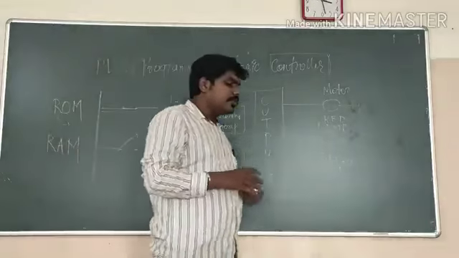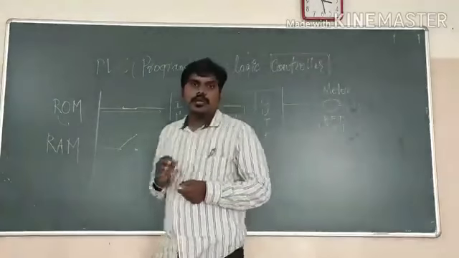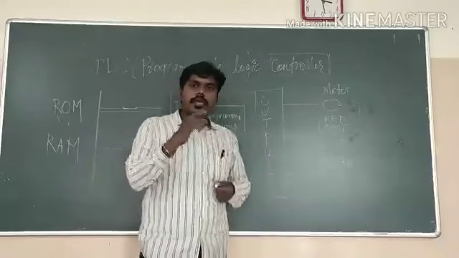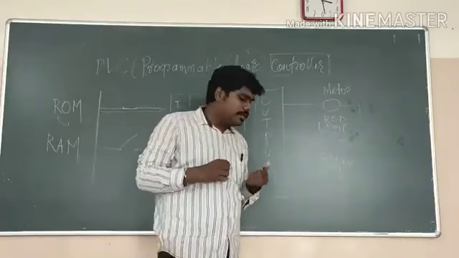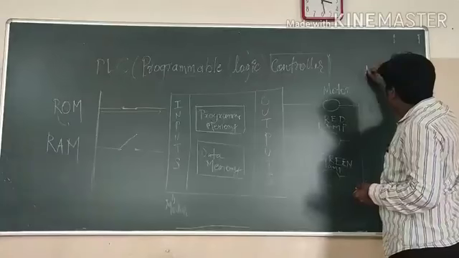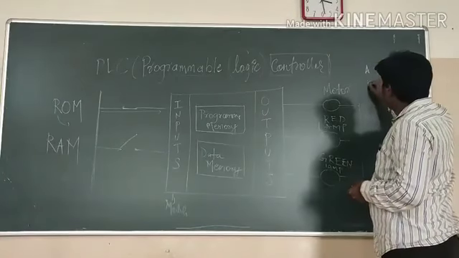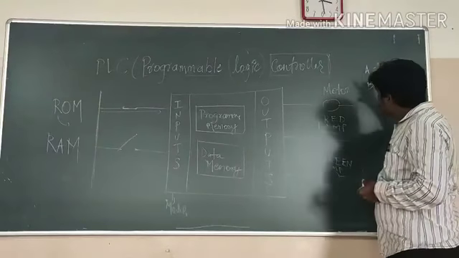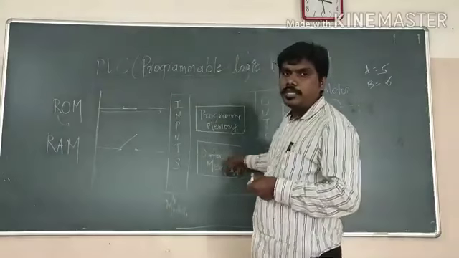So data memory is, let's suppose I want to calculate two numbers, a plus b. What a and b denote is the data. A can be any number. Let's suppose a is 5 and b is 6. I will enter my a and b data, and that will be stored in the data memory.